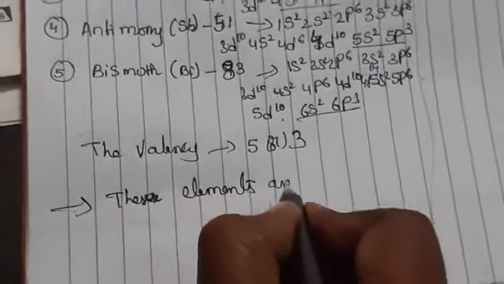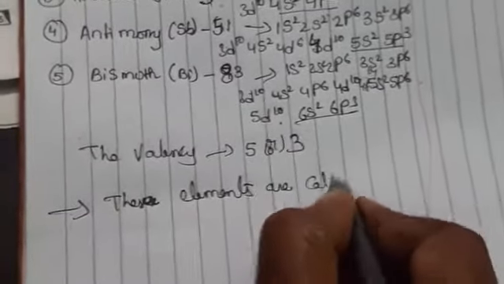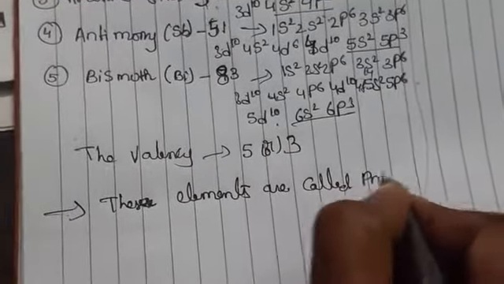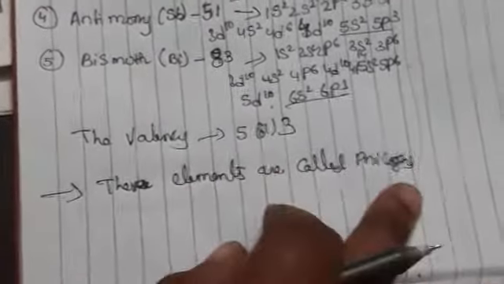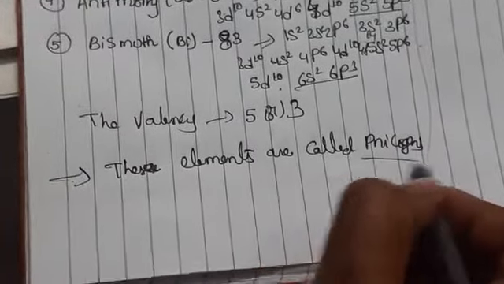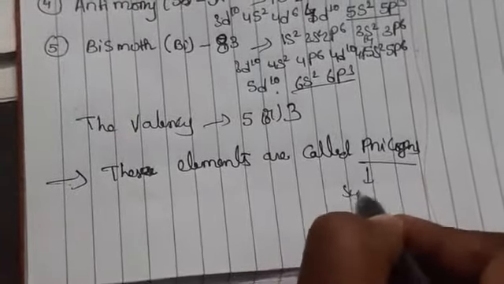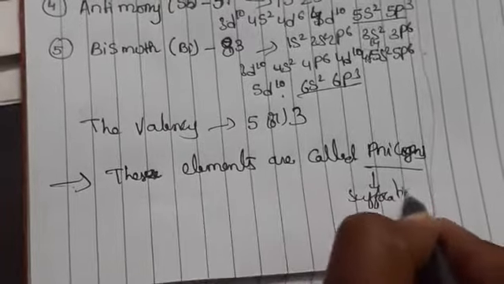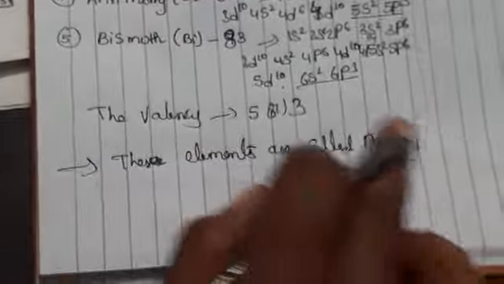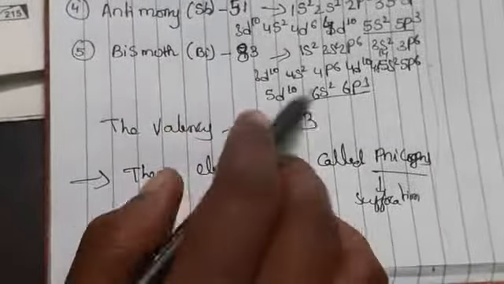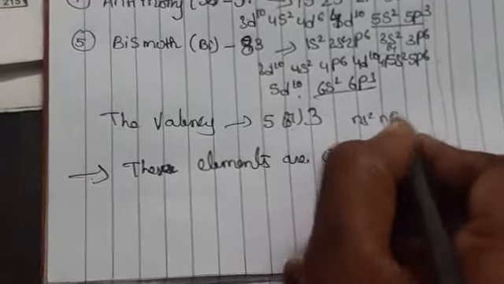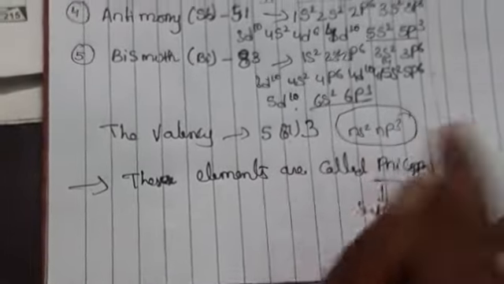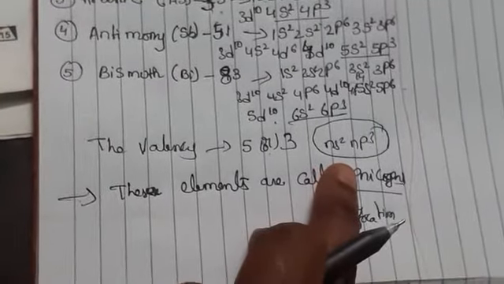These elements are called pnictogens, because they are suffocating elements. The outermost shell configuration, the general configuration, is ns2 np3. This is the general electronic configuration for these elements.